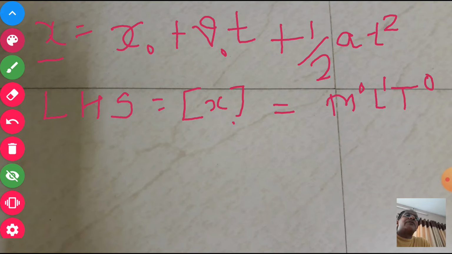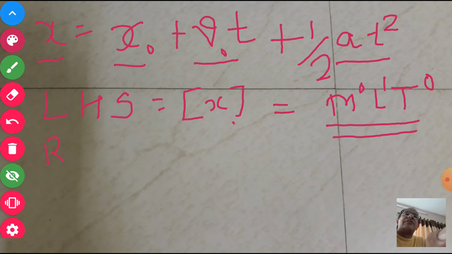So the dimension on the left hand side is in short L1. Each and every term on the right hand side must have the dimension L1. Now we talk about RHS.